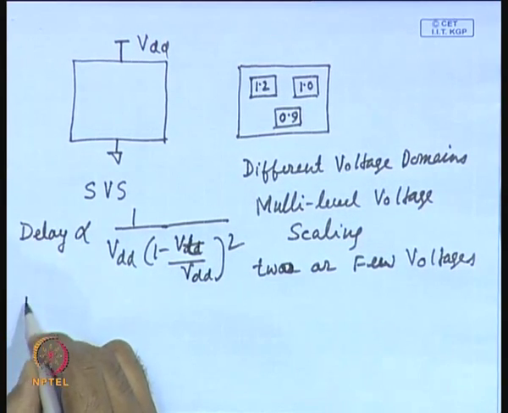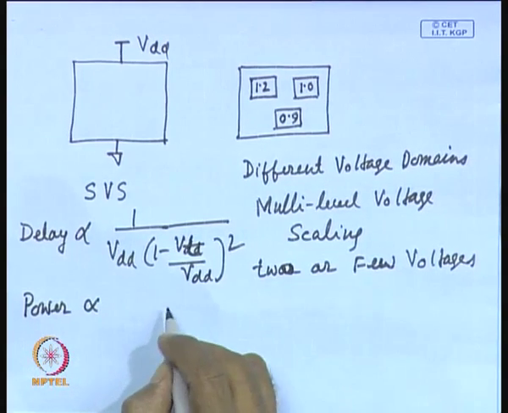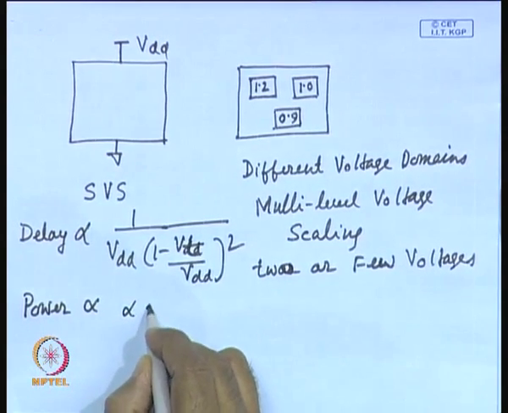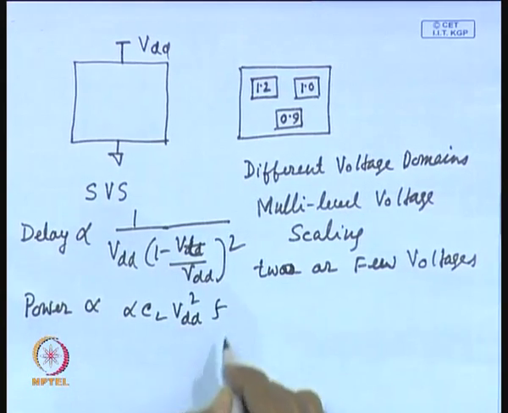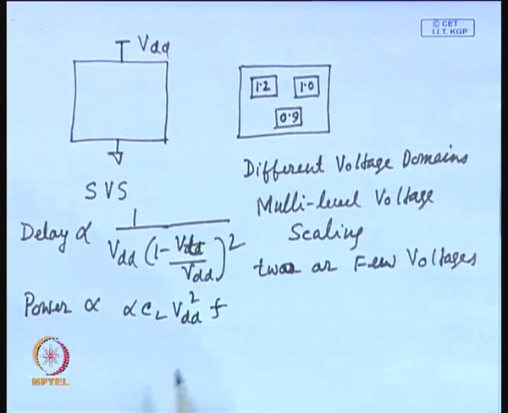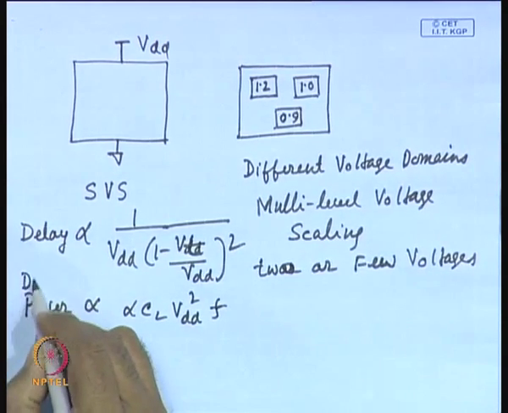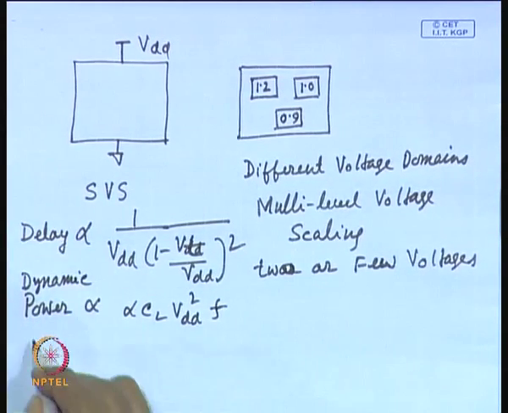And then, as you know, power, particularly the dynamic power or switching power, is proportional to alpha CL VDD square and F. So, as the voltage increases, the dynamic power dissipation increases. Not only dynamic power, but static power as well.